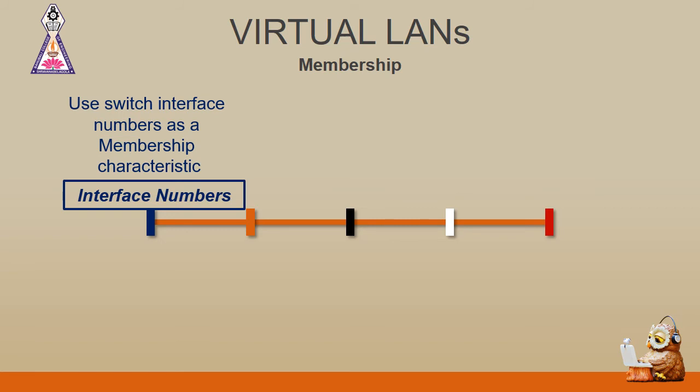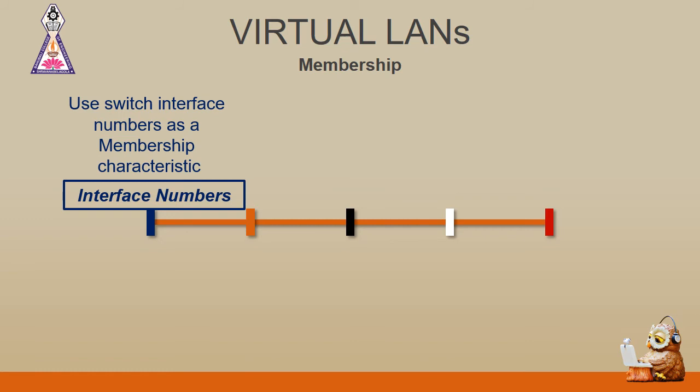The first category: membership could be identified in terms of interface numbers. That is, VLAN software may make use of interface numbers as the membership criteria.